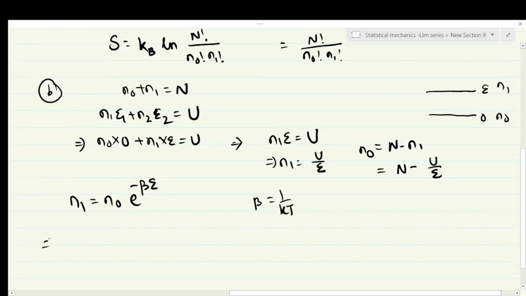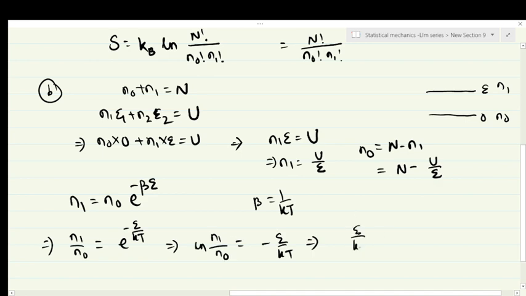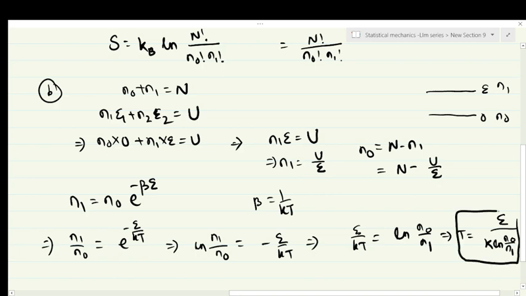Then N1 by N0 is e to the minus E by kT. Take the ln of both sides: ln N1 by N0 is equal to minus E by kT. Changing N1 and N0, E by kT is equal to ln N0 by N1, that implies T will be E by k ln N0 by N1. This is the expression of T.